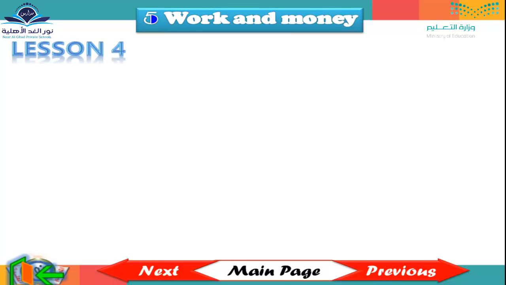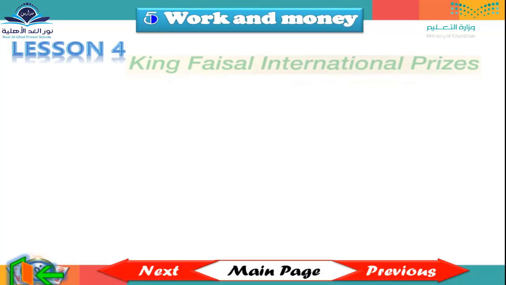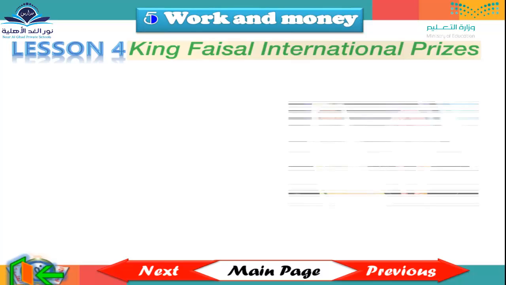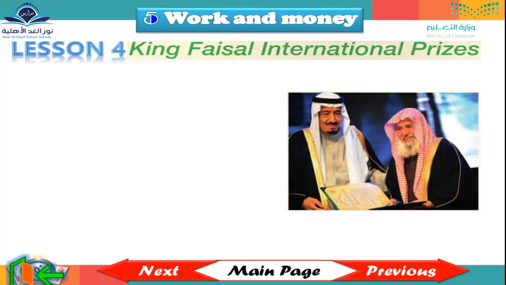Now we move to lesson 4, the last lesson in Unit 5. As we see, it's about King Faisal International Prizes. As we see in the picture, speaking and reading.